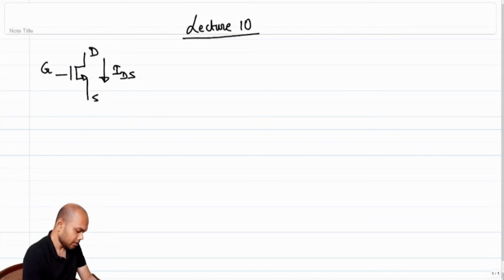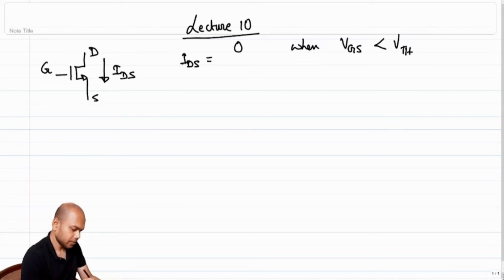We get that IDS is equal to, there are three regions of operation. IDS is equal to 0 when VGS is less than the threshold voltage, right?